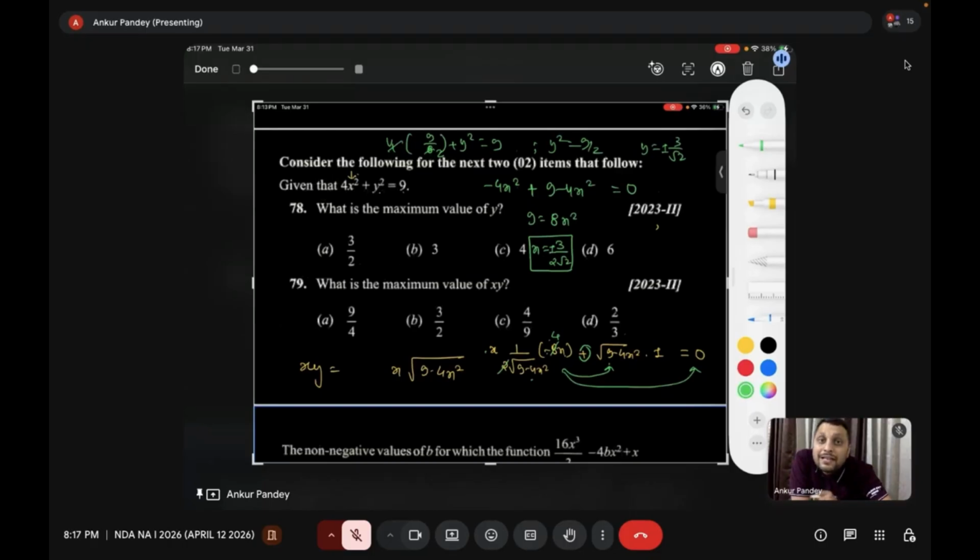So they wanted x into y maximum. So x is plus minus 3 by 2 root 2, y is 3 by root 2, so the answer is 9 by 4. Yes or no? Clear? Just that this is a bit lengthy. That's it. Nothing else. No variation of concept and all. Concept remains the same. Clear?